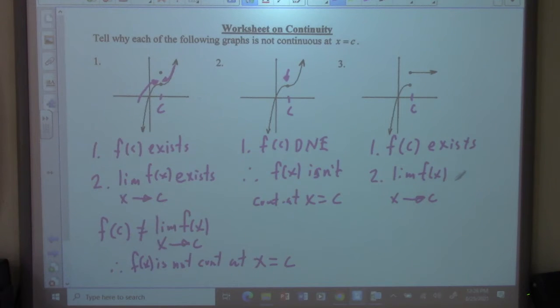No. So it does not exist. Can we make a conclusion right now? Yeah. Therefore, f of x is not continuous at x equals c.